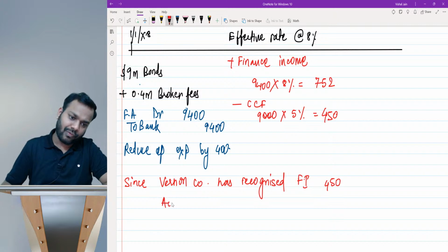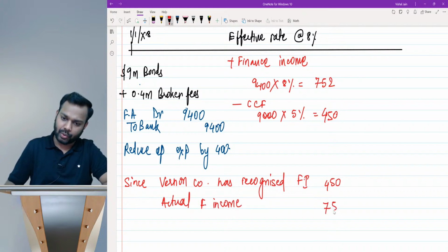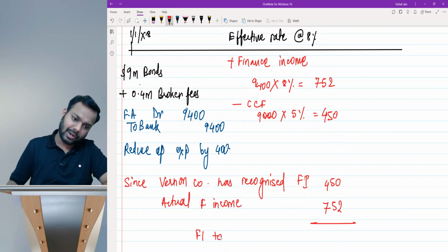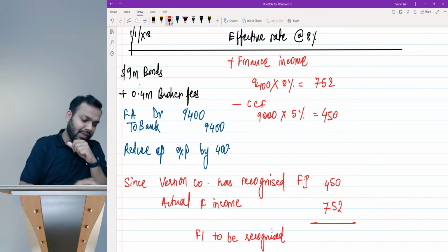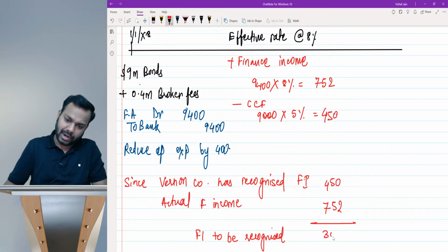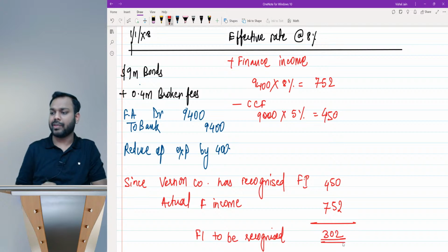But what is the actual finance income? That is 752. So what is the finance income to be recognized? Tell me the amount. 752 minus 450 is 302. So 302 is to be recognized as finance income.